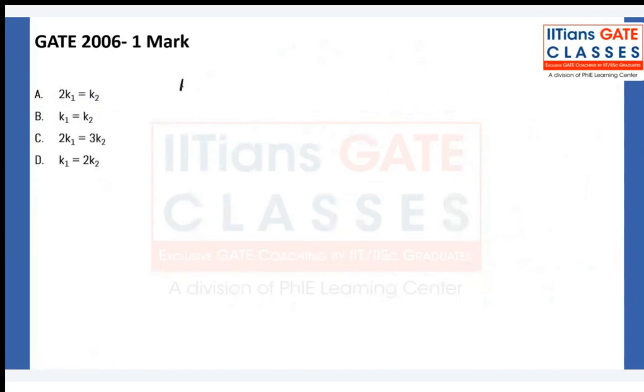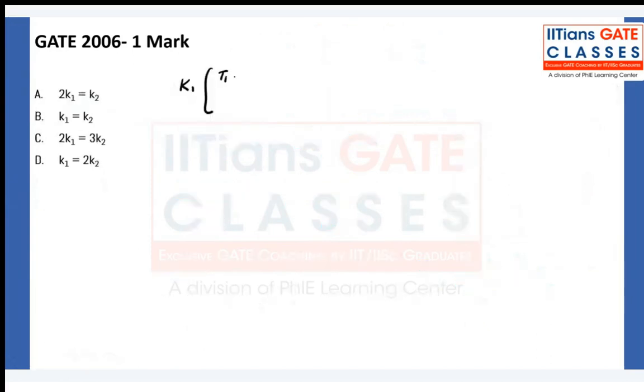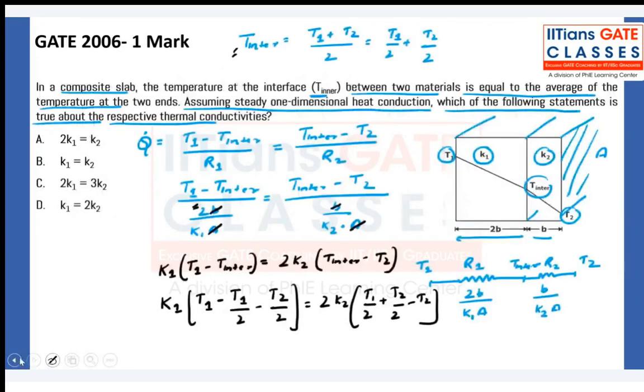I'll get K1 times (T1 minus T2) by 2 is equal to 2K2, and here we will get minus T2 by 2, minus T2 by 2.